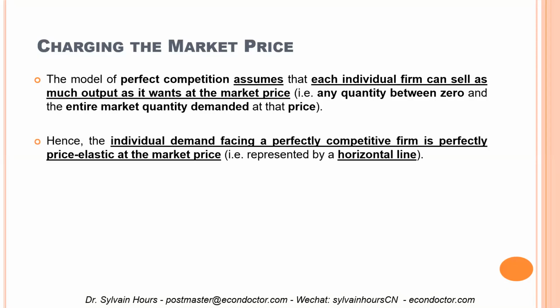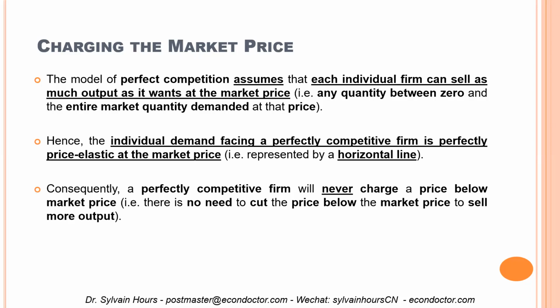You will see. It means that in this case, at the market price, my individual demand curve is horizontal, perfectly elastic, to acknowledge the fact that I can sell as much as I want between 0 and the total market quantity. So it's represented by a horizontal line. And this is why we understand that firms in perfect competition will never charge a price below the market price. Why?